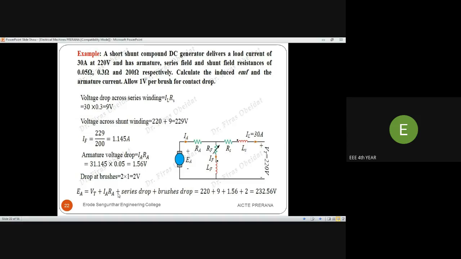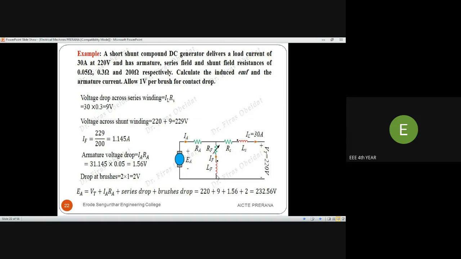The only thing is we have to determine the field current: V plus Ise Rse divided by Rsh, here 229 divided by 200. So 229 means the voltage across the shunt field winding. Voltage across the shunt field winding is equal to terminal voltage plus Ise Rse.